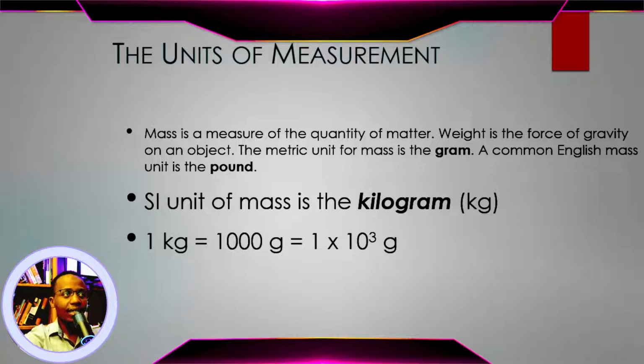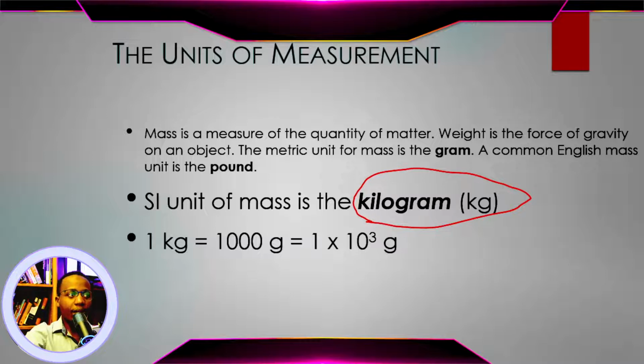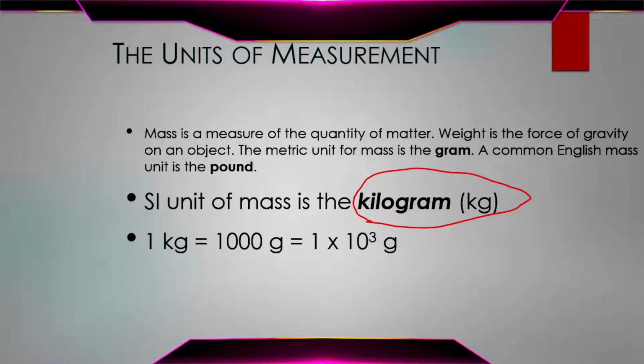Whenever I say SI unit, it's the international standard. These are scientists who sat down and decided, okay, we're going to use this as a standard. So the SI unit for mass is the kilogram. And we need to remember how the kilogram relates to the other ones.